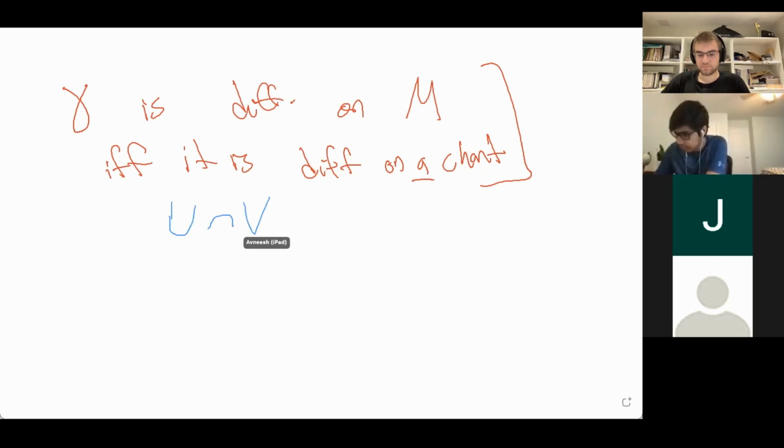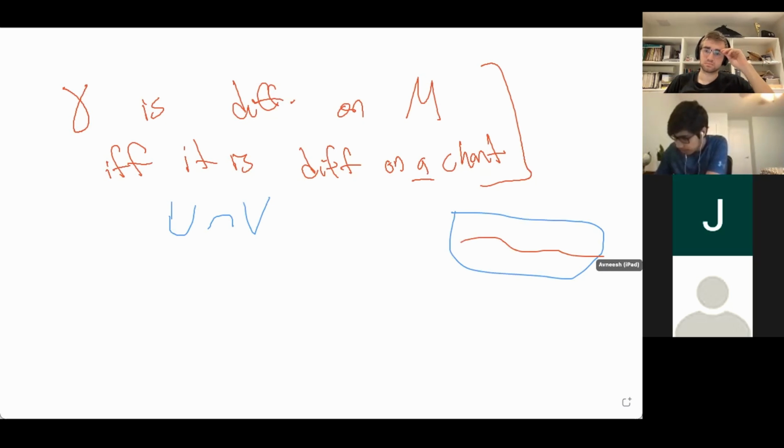So it's like we've got this manifold, and then let's say we have some kind of curve, and we've got a chart U that takes a look at this part, and a chart V that takes a look at this part of the curve. Okay, so I'll actually say that V is yellow, U is green.